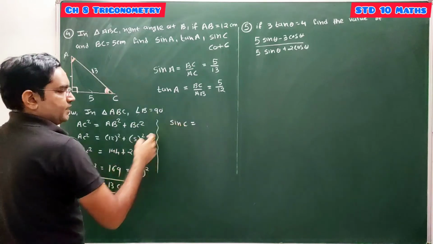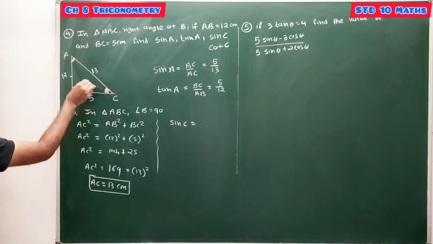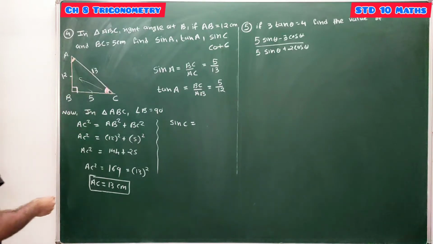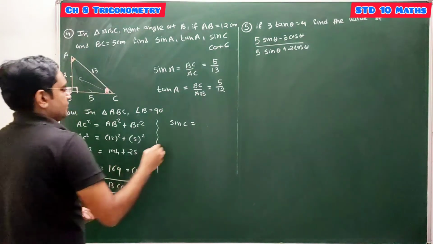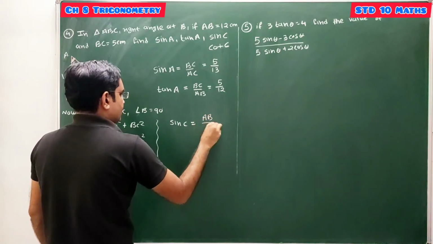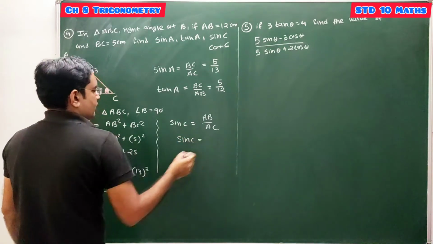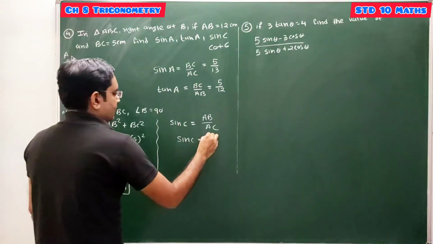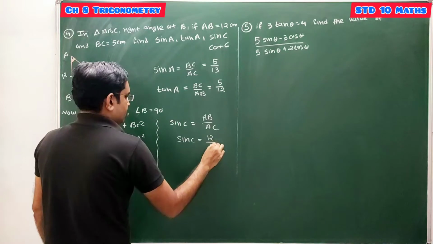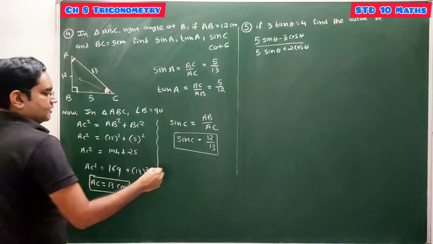So definition of sin C: opposite side by hypotenuse. So for this angle, this one is opposite side AB and hypotenuse is AC. So it's AB by AC. So sin C equal to AB 12 and AC is 13. And cot C.